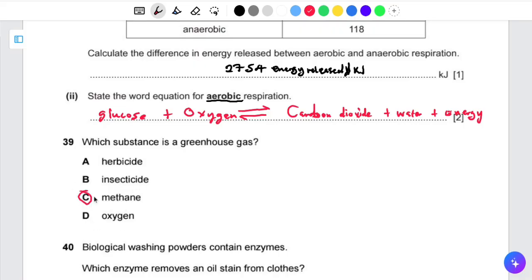Methane is released by the process of decaying of living organisms, organic matter. That's the reason why the gas that you use in gas stoves comes from methane. So it's a greenhouse gas.